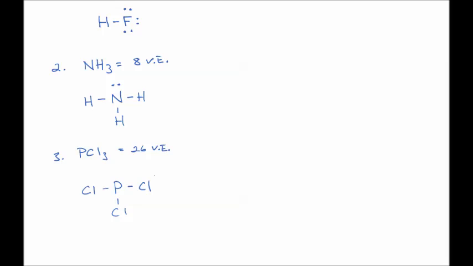We have 20 left to distribute. So we'll put 6 here, 6 here, 6 here. So now chlorine has all obeyed the octet rule. 6 times 3 is 18. There's 2 left of the 20 we have to distribute, and we'll put those on phosphorus.